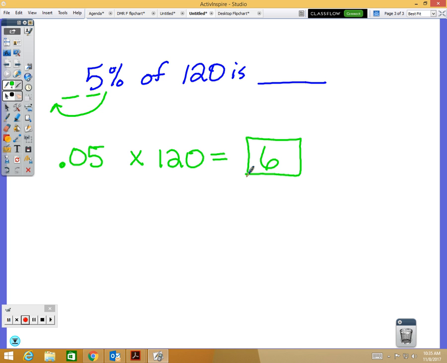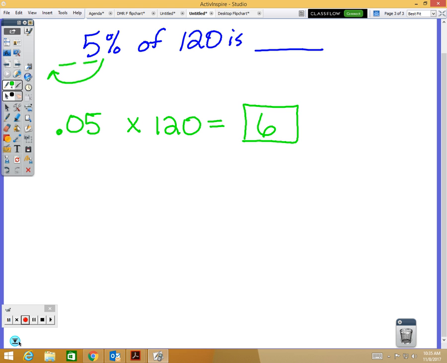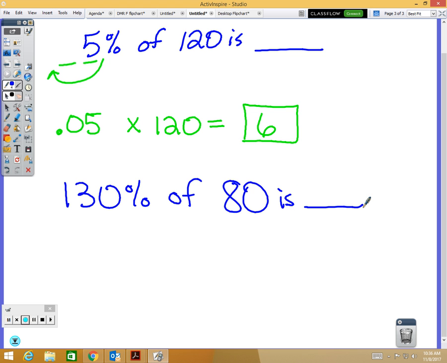Let's do one more, and then we'll start talking about leaving a tip. What if I wanted to find 130% of 80? Again, 130% of 80 is what? Now, more than 100, 100% would be 80. So more than 100 is going to be more than 80. Think about that. Make sure your answers are making sense.